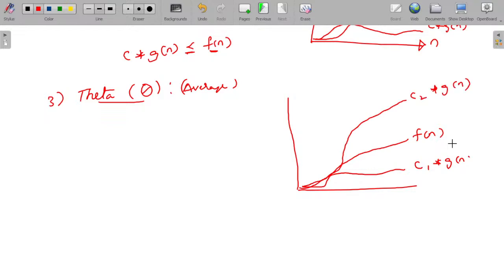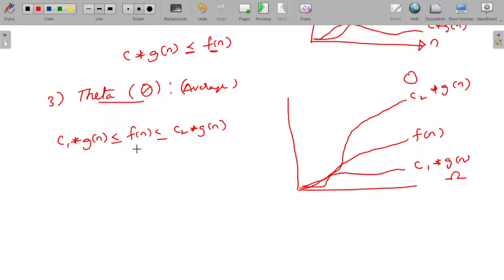So this is for big O notation and this is for omega notation, and both combined give us the theta notation. It can be represented like this: c1 into g of n is always less than or equal to the reality time f of n, and f of n is always less than or equal to c2 into g of n.